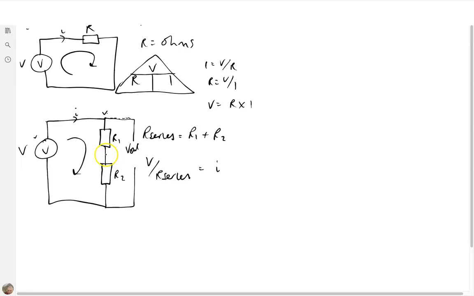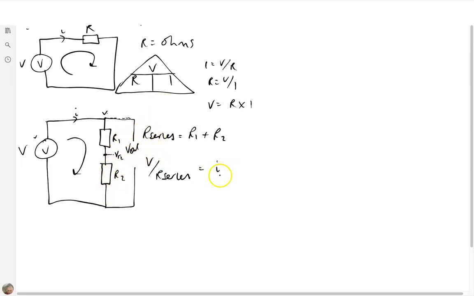Now, if we're asked to find this voltage, let's just call it VR2. So this is the voltage across this R2 resistor. And how can we do that? Well, there are a couple of methods.